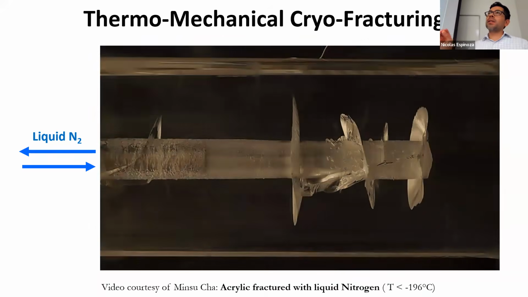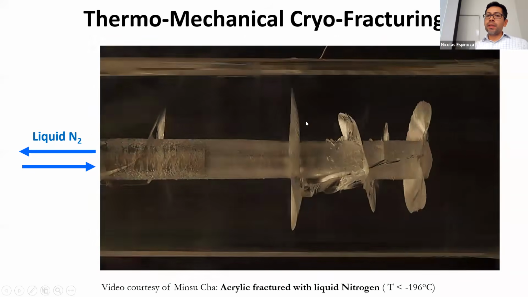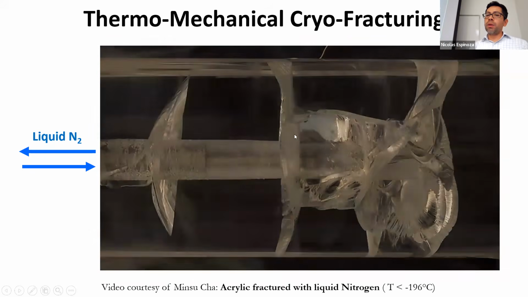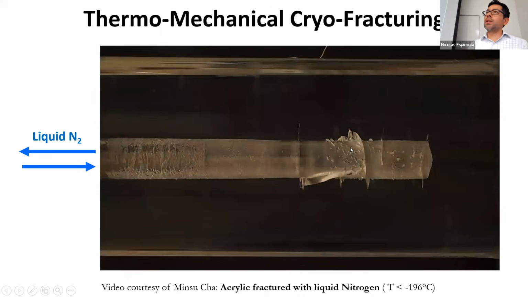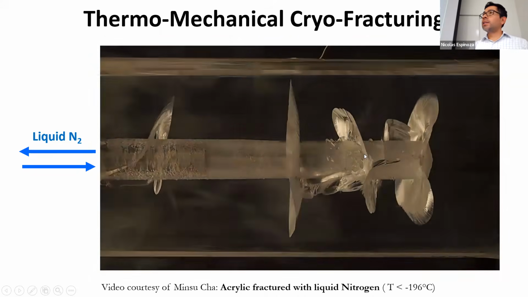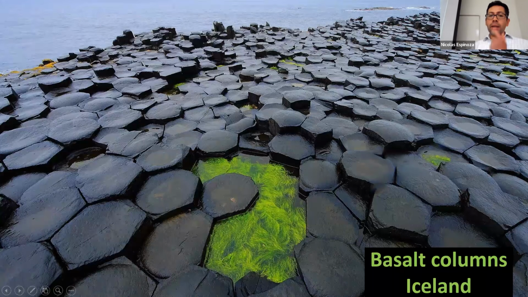So in this case, the stress is getting so low in this direction along the wellbore that it is cracking this material, which in this case is acrylic. And the same thing can happen with rocks. For example, these are basalt columns in Iceland in which the fractures that you see are created by thermal distressing.